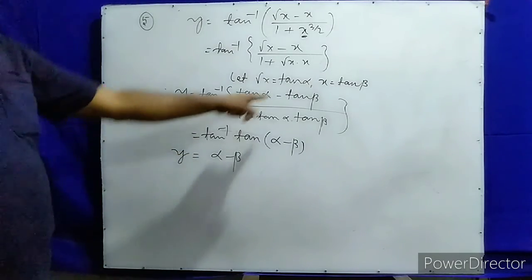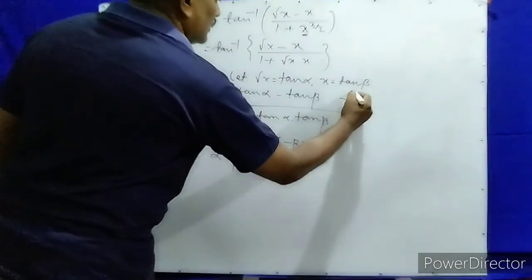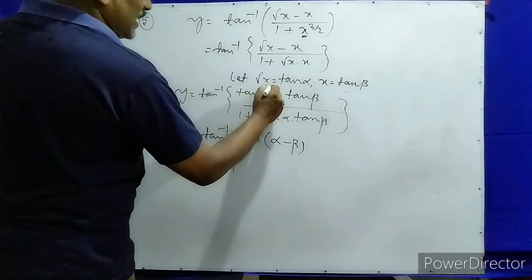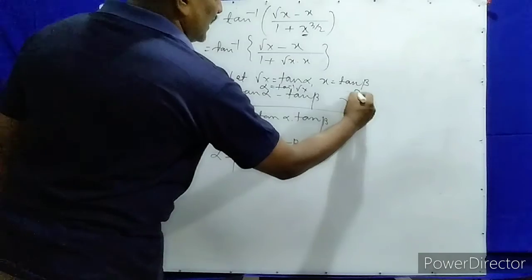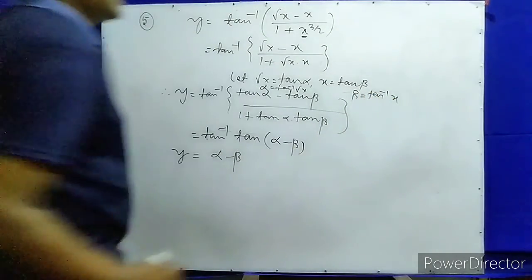Instead of alpha you write tan inverse root x, because root x equals tan alpha means alpha equals tan inverse root x. Here also x equals tan beta, so beta equals tan inverse x.